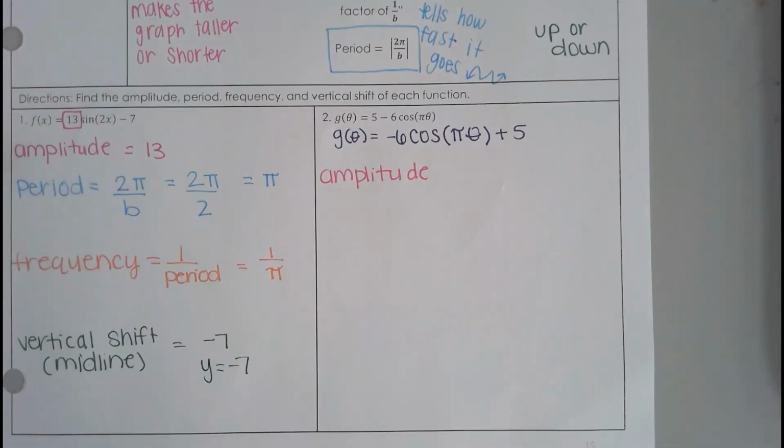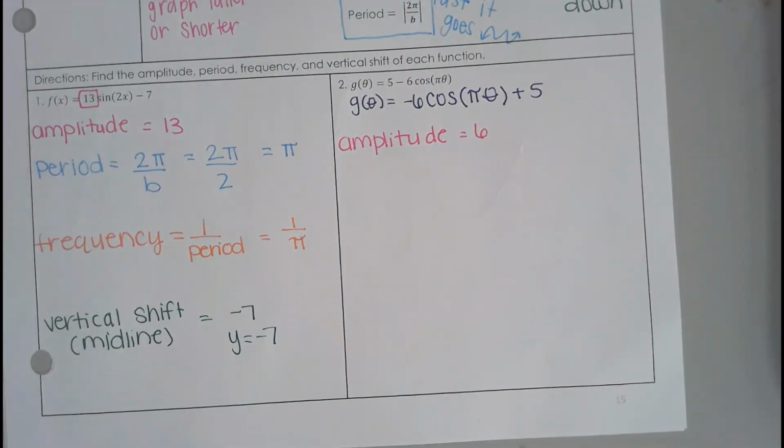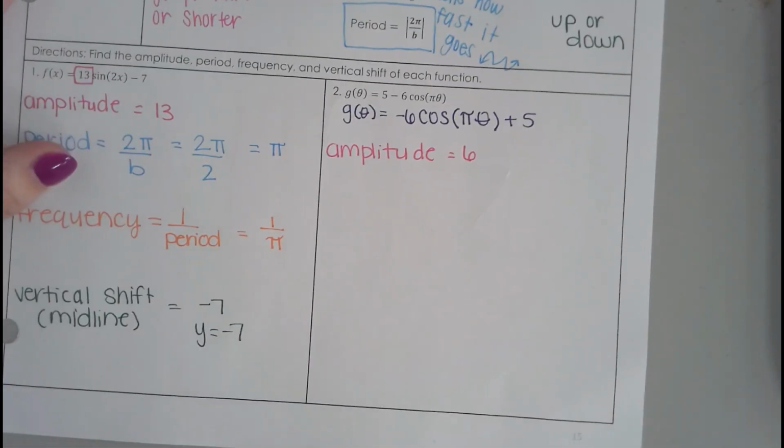So amplitude is 6. When you reflect it over the x-axis, it doesn't change the distance from the top to the bottom. If you are the same distance on top and bottom and you flip it, you're still the same distance. So that negative in front doesn't change the amplitude.